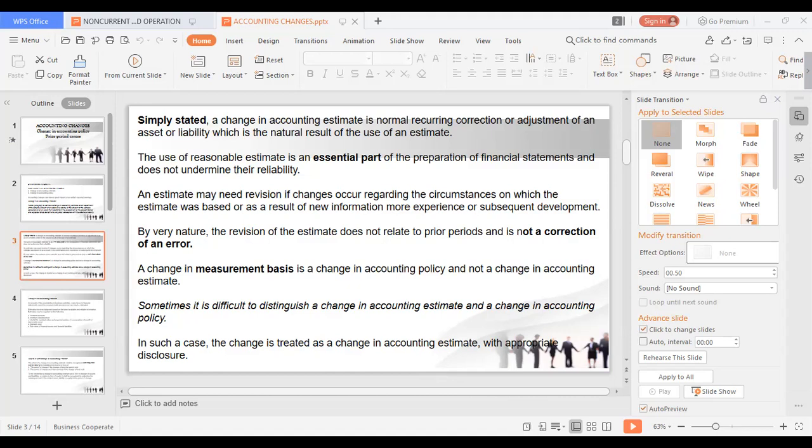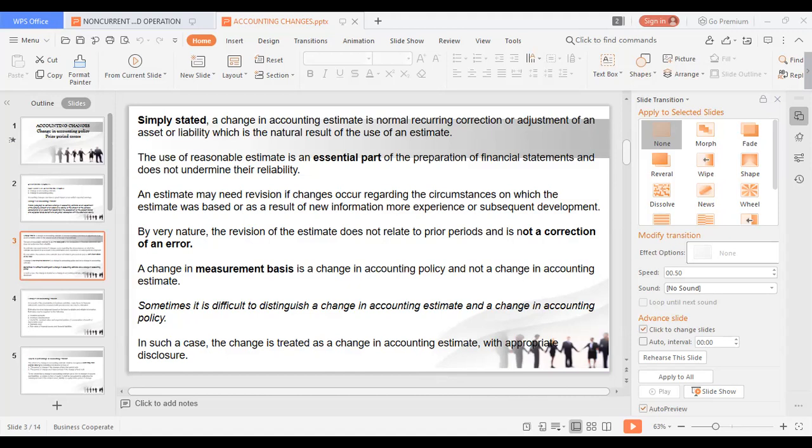Now in 9-3, Goddard Company had used the FIFO method of inventory valuation since it began operations in 2017. The entity decided to change to the weighted average method for determining inventory cost at the beginning of 2020. So that is after 3 years.